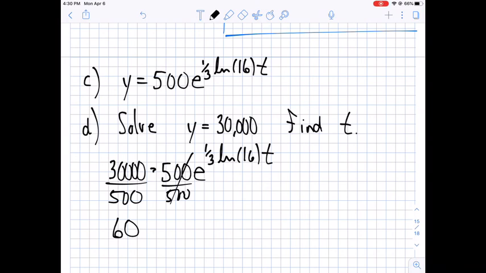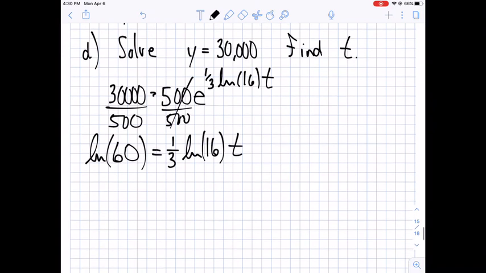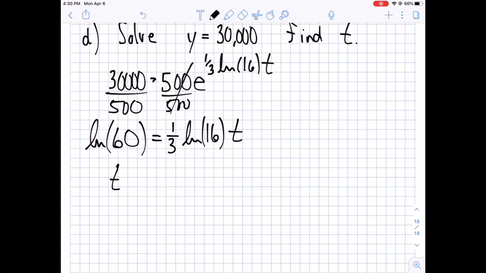And actually we can now get rid of this exponential, so we'll take our logarithm. So we have ln of 60 is equal to 1/3 ln of 16 multiplied by t. So now let's solve here for t. We end up getting that t is going to be equal to 3 multiplied by ln of 60 divided by ln of 16.